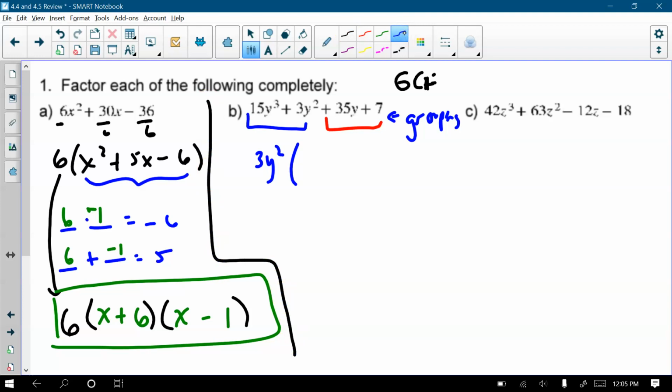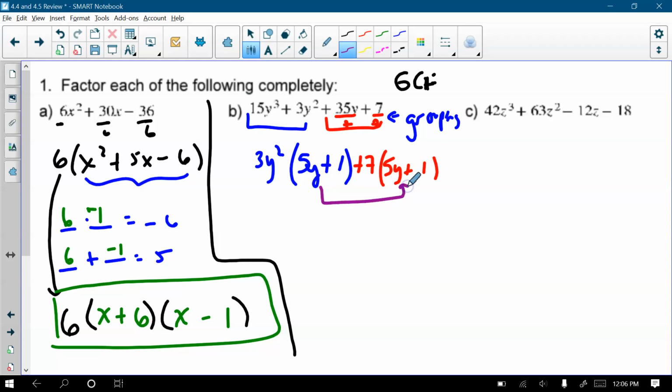So 3y squared, what's left inside? It looks like a 5y when I divide 3y squared. And for this term, when I divide 3y squared out, I'm left with a plus 1. For red, my GCF is 7, because the number that comes out of 35y and 7 is 7. And when I divide 7 out, I get 5y plus 1 again, and that is perfect. That's exactly what I want.